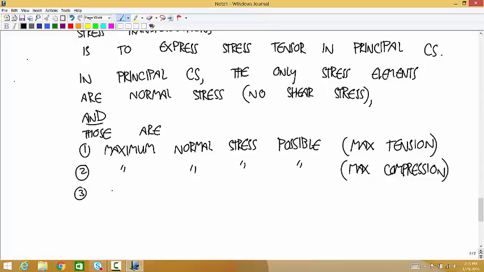What did I say? Yes, this should say minimum. Okay, and then there's a third one that isn't as useful, but there's a third normal stress in between those two.